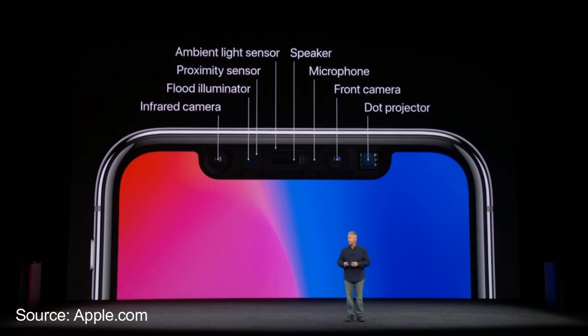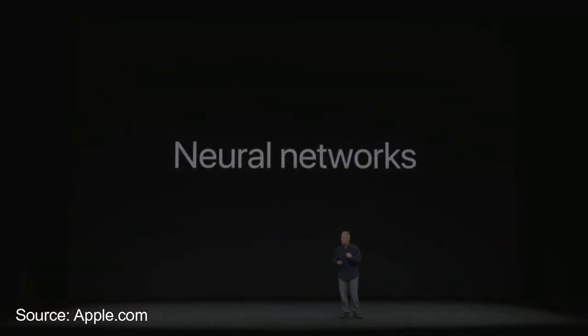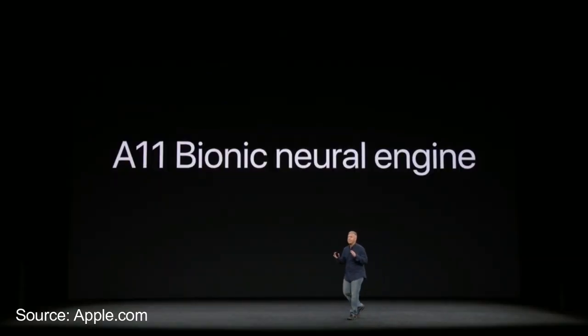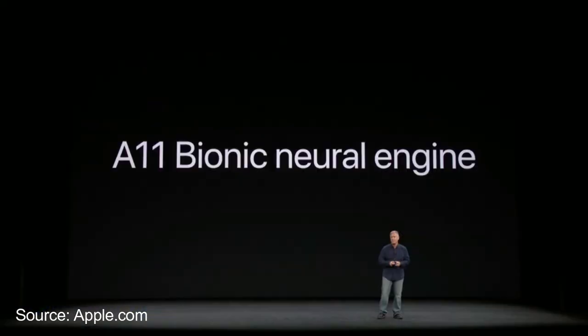It is amazing. And to process the machine learning in Face ID's neural networks, we built Apple's first ever neural engine. Yeah, this is a big deal. In our pockets, in our phones, is an A11 Bionic chip with a built-in neural engine to process face recognition.